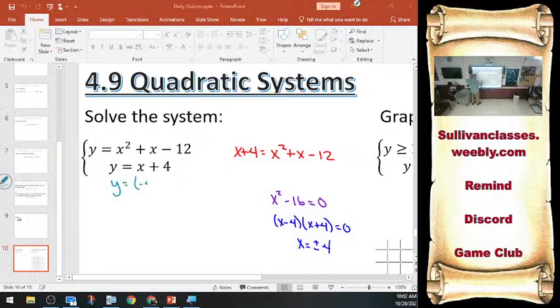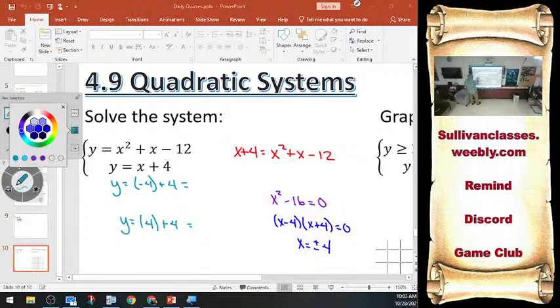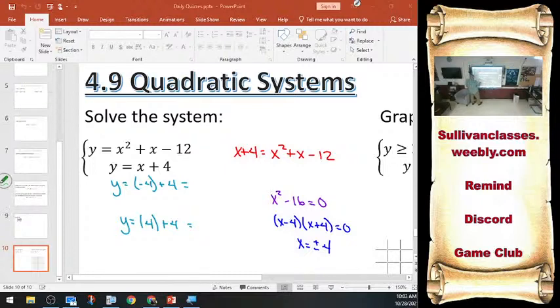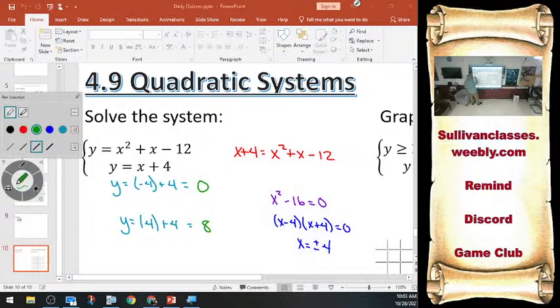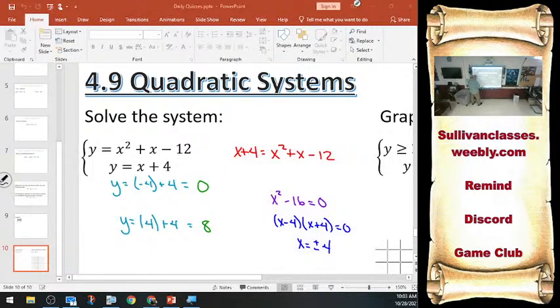Y is going to be a negative 4 plus 4, and y is going to be a positive 4 plus 4, getting 0 and 8. Don't just do that. Make sure you run it all the way in and say 4, 8, and negative 4, 0.